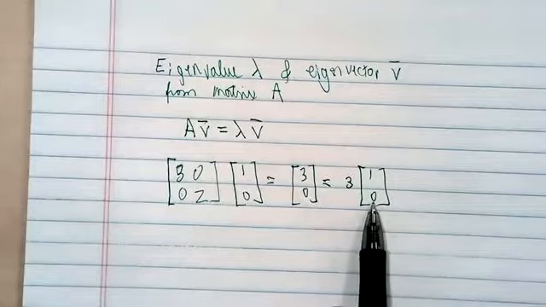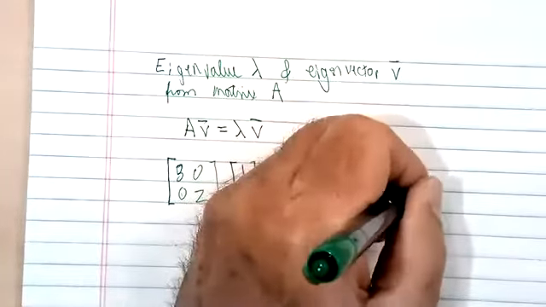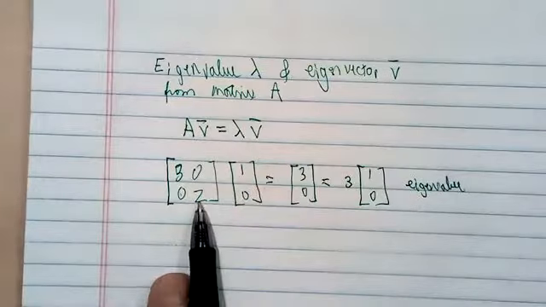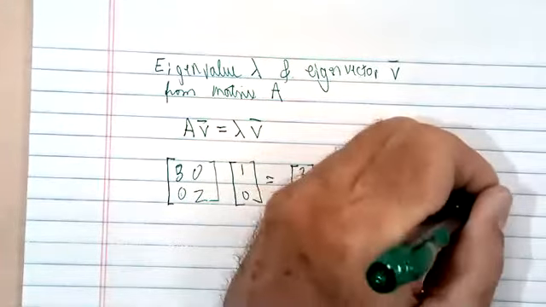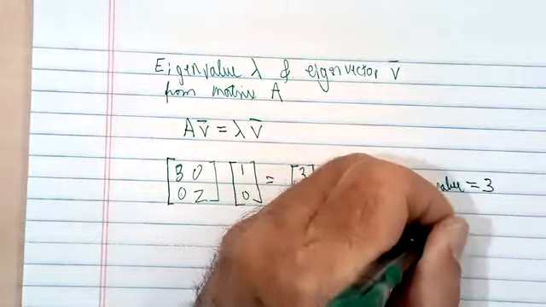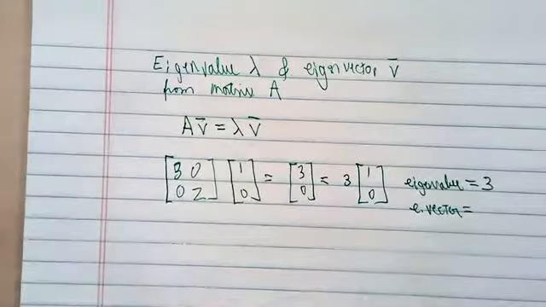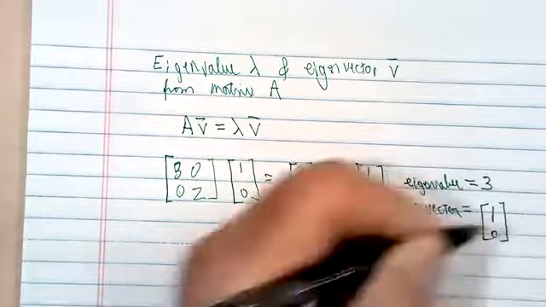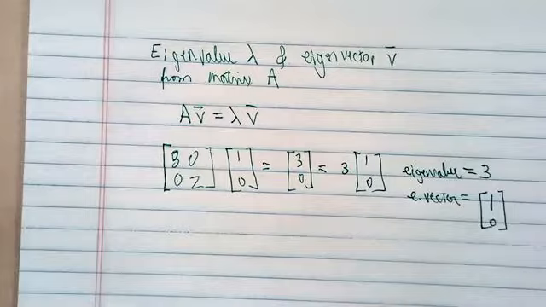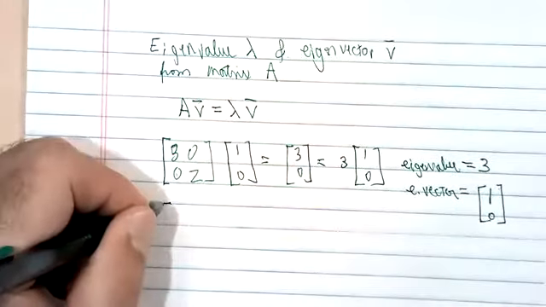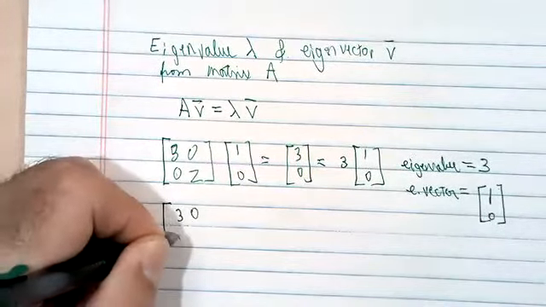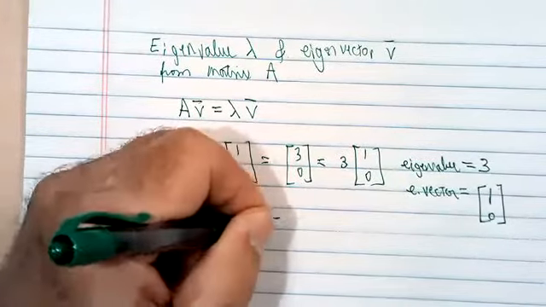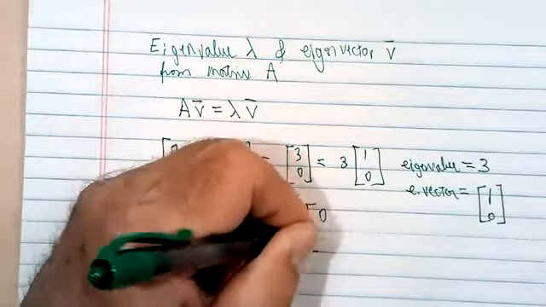So for this matrix, this eigenvalue is 3, and the eigenvector is 1, 0, or any constant multiple of it would work, except of course 0. And there's another eigenvalue, eigenvector pair. That's the one you get by picking off the second column. 0, 1. That does give you 2 times 0, 1.